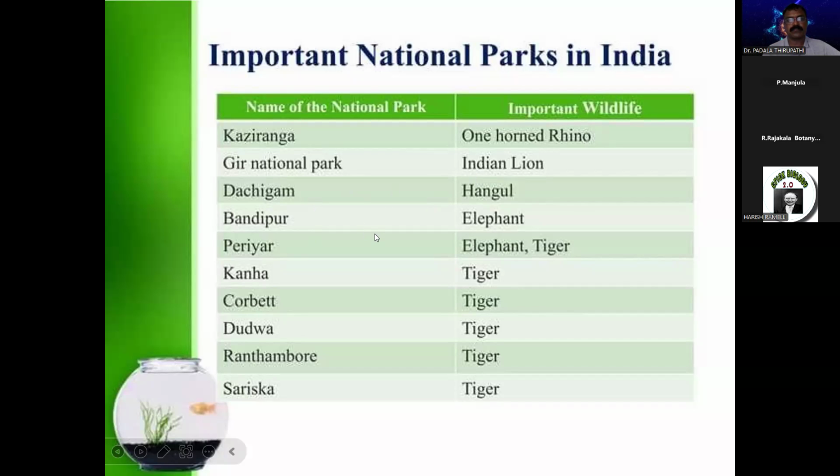Bandipur National Park: mainly elephants. Periyar National Park: elephant and tiger. Kanha National Park: tiger. Corbett National Park: tiger. Dudhwa National Park: tiger. Ranthambore National Park: tiger. Sariska National Park: tiger. They mainly conserve these along with other animals.